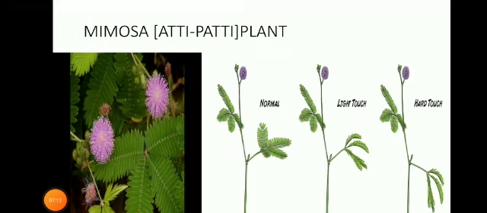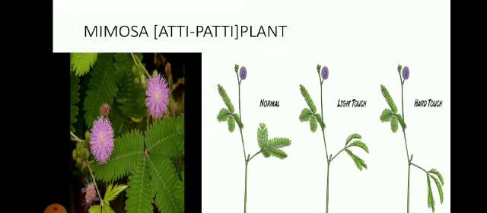And it's very interesting to observe a touch me not, Atipatti or mimosa plant. Touch it. After touching it, what happens? You can observe. Like you can see in this picture, in the first picture the twig is normal. When we lightly touch, in the second picture you can see the change in the leaves.